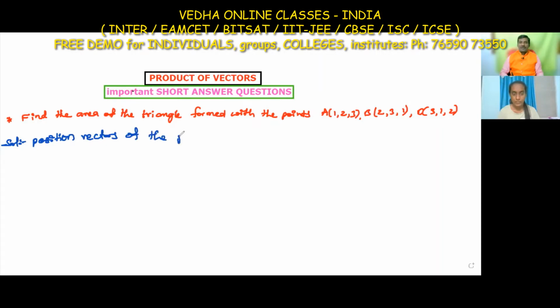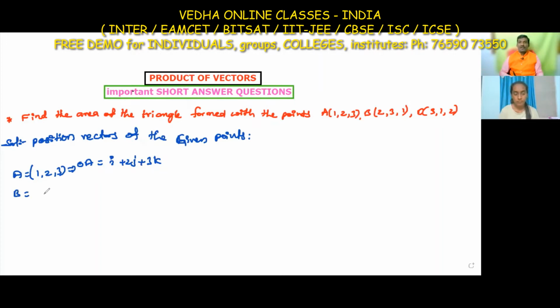The point A is 1, 2, 3, so OA is the position vector, that means 1i plus 2j plus 3k, with respect to i, j, k.